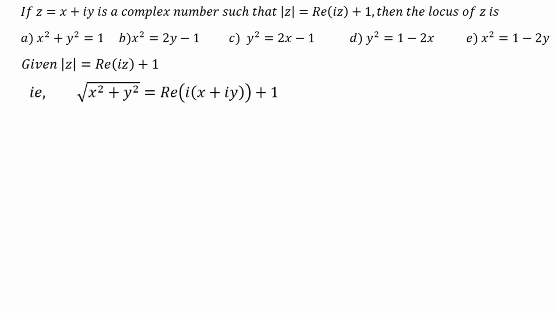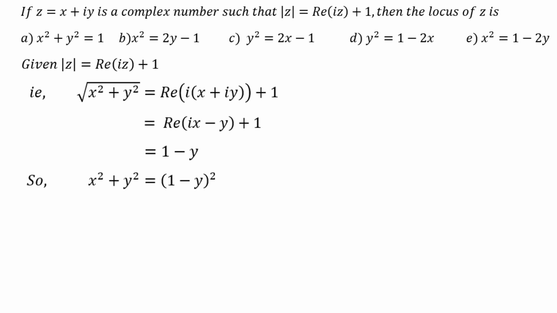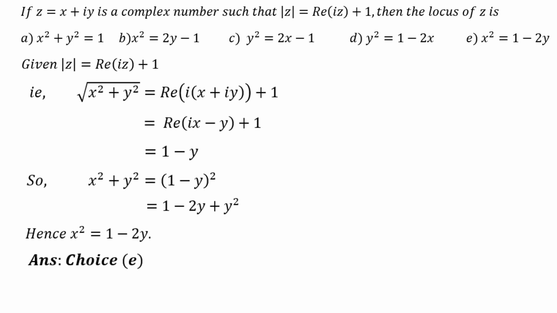By multiplying i, we get ix plus i square into y. i square means minus 1. So we get real part of (ix minus y plus 1), that is equal to real part of ix minus y plus 1, which is 1 minus y. By squaring we get x square plus y square equal to (1 minus y) the whole square, that is equal to 1 minus 2y plus y square. By cancelling y square we get x square equal to 1 minus 2y. So the correct choice is choice E. Here the correct choice is choice E.